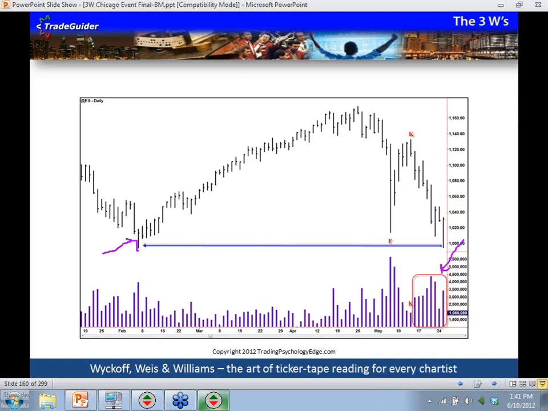And what do we see as we approach here? What do these two bars, the last bar and the third bar in, suggest? That somebody is buying in there, right? We see that in part because the volume is pretty good there, but also because the market dips down low and rallies back up, and dips down low and rallies back up. So we can expect some sort of a rally from here.